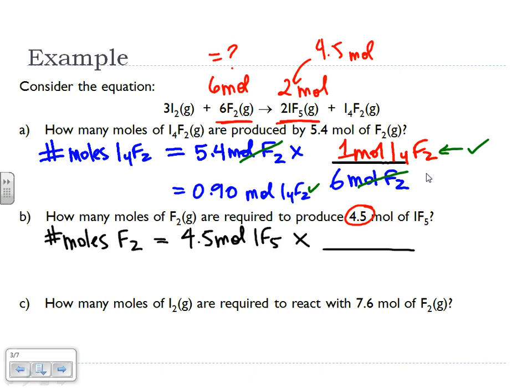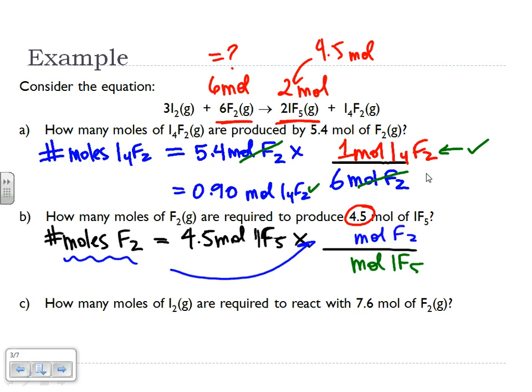I want moles of IF5 to go on the bottom, because that's the unit I want to end up canceling here. I want to get rid of that unit, so it goes on the bottom. Moles of IF5, there we go. And the unit that I want to keep is over here, moles of F2, so that's going to go over on the top, moles of F2.